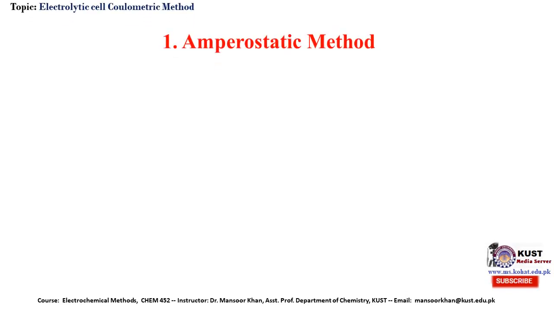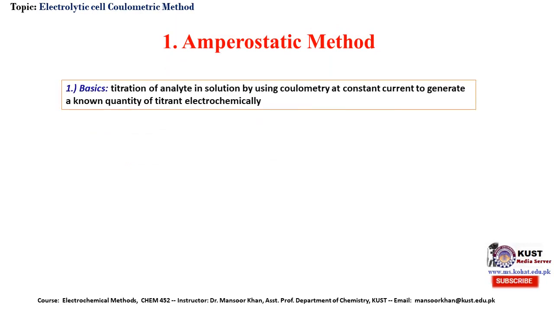So what is the amperostatic method? This is also called coulometric titration. Like we discussed earlier in the example of determination of chloride by using Ag with the coulometric method, that was an example of the amperostatic method. In the amperostatic method, titration of the analyte in solution is done by using coulometry at constant current to generate a known quantity of a titrant electrolytically.